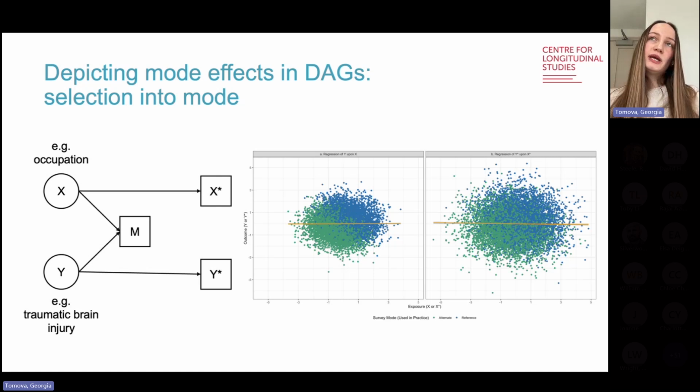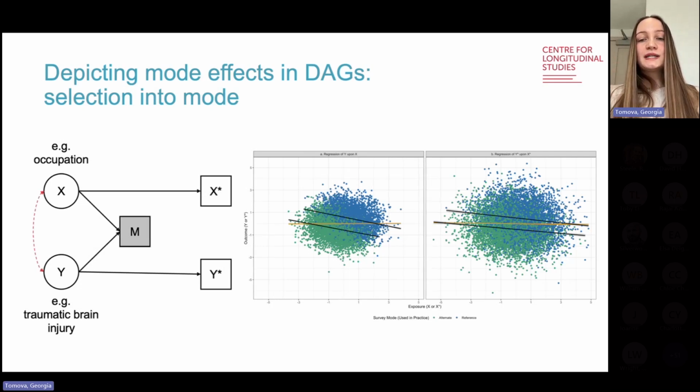But what if we were to maybe naively adjust for mode, because we know that this can reduce some of the variation in the measures that is due to mode? So we want to improve our analysis and we condition on mode. We look within strata of mode in this case. What would happen is within each mode, we would actually observe a relationship between the exposure and the outcome, even though in this case there was absolutely no relationship between them.